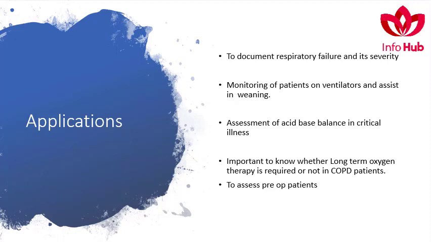In certain patients, before operating on them, you need to be aware of their arterial blood gases. So these are a few documented uses. There are many other uses, but just to be brief, these are enough for you to know how important arterial blood gases are.